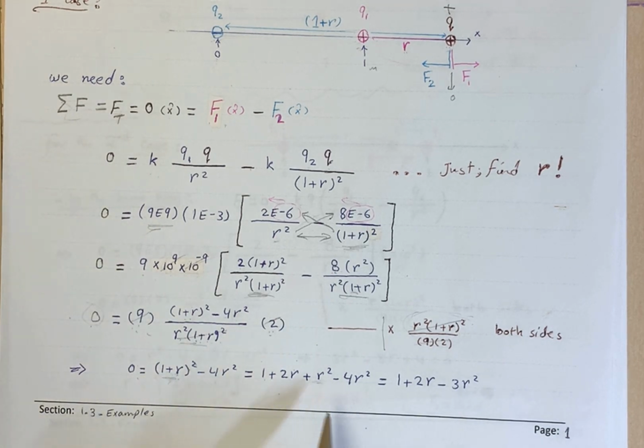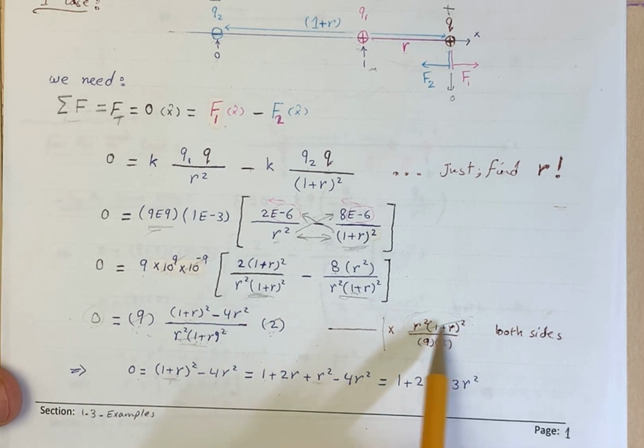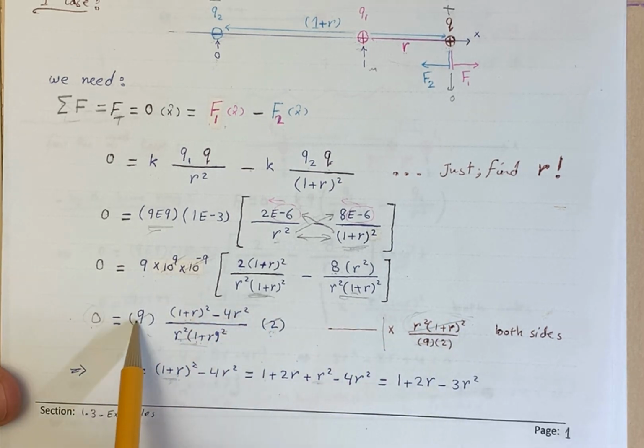What I can do to solve this, I need to find R. It's math, okay? I can multiply both sides. The left hand side is 0, the right hand side is the values. I can multiply both sides by this value, which is the denominator in the numerator here, and 2 times 9.